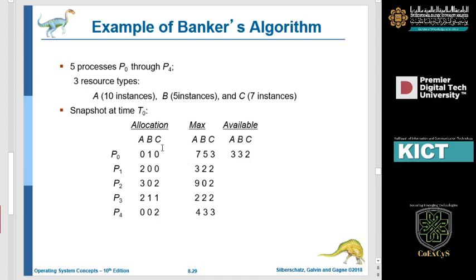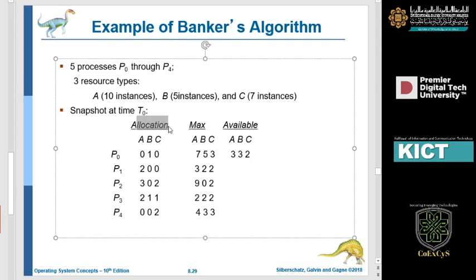So what you want to do is first find out what is allocated. This algorithm usually starts with a particular situation, a snapshot at a certain time.